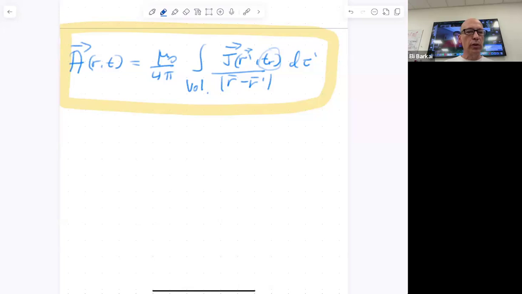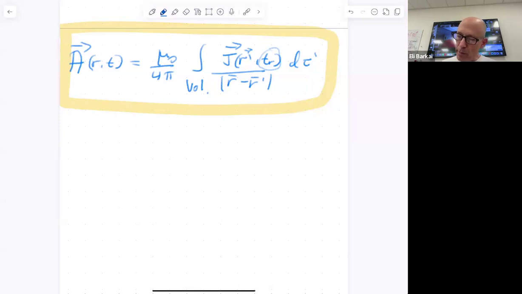So this is the usual thing. You can say legitimately, this is the Biot-Savart law that you studied in high school. The only difference is that now we have this retarded time. Well, it's not a small difference, it's a big difference. But the formula is exactly the same, exactly like the formula for the potential V is exactly the same as before, where you need the charge density rho, the equation that we started with at the beginning of the class.